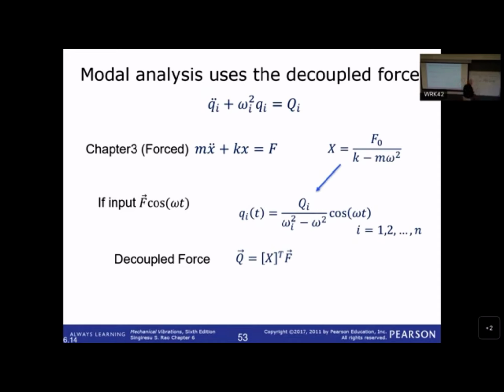We also could have probably used F over the square root of K minus M omega squared, plus C omega squared, and your C is your 2 zeta omega n, which we learned in controls.